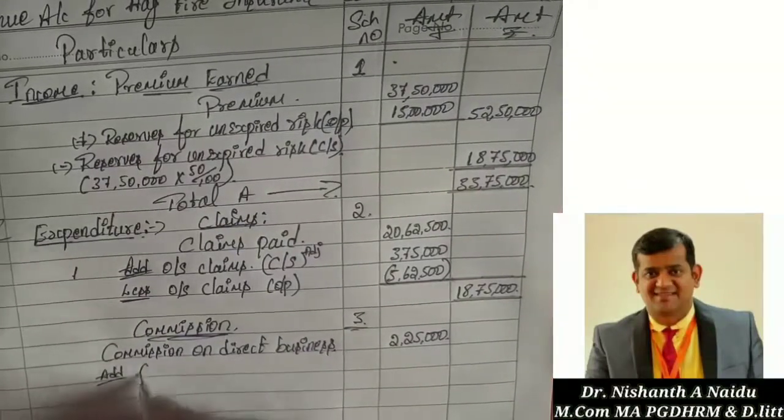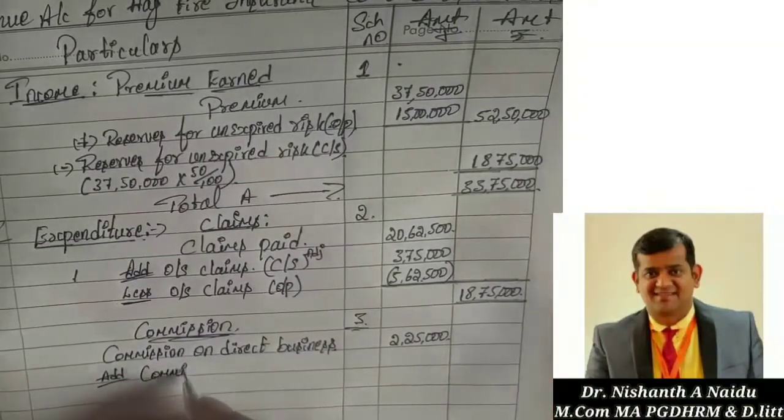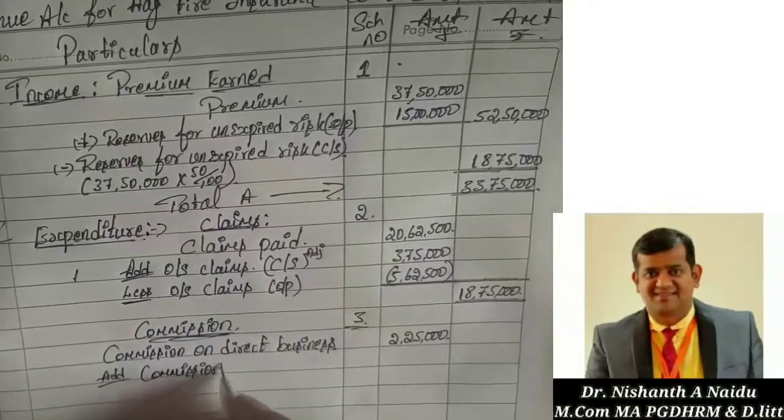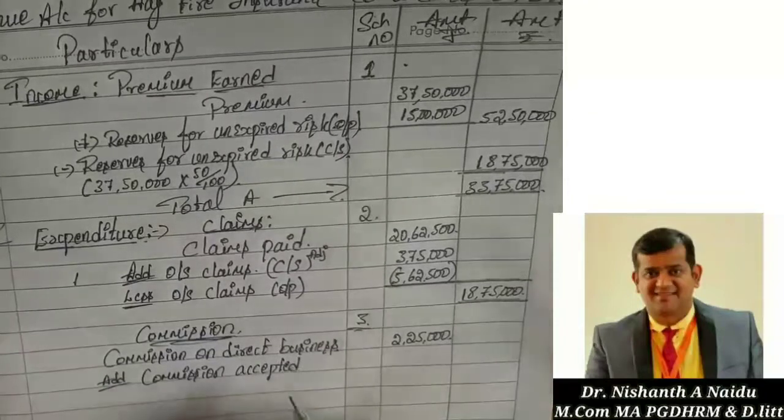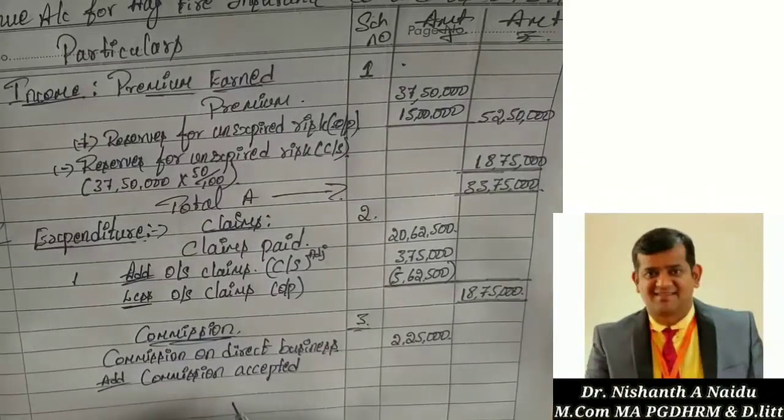So next is add commission accepted. How much commission accepted he has given in the problem? Check out. It is there in the problem.